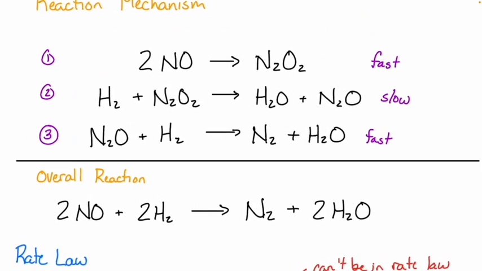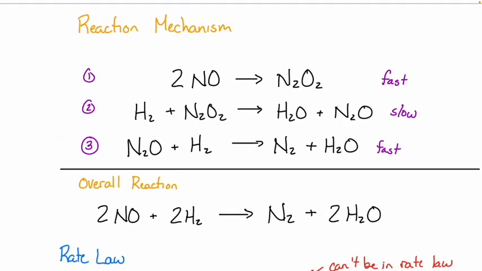In this reaction mechanism, it says that this first step, there's two nitrogen monoxide molecules coming together, colliding to form this product here. That happens really quickly. And then that second step, where that intermediate gets consumed, is really slow, right? So this first step happens quick, and then we're waiting, and we're waiting, and we're waiting for that second step to occur.